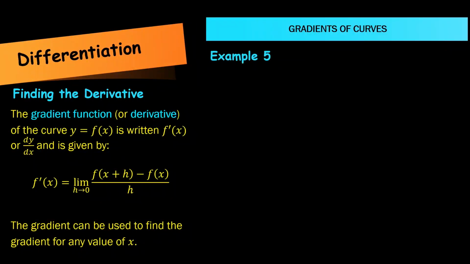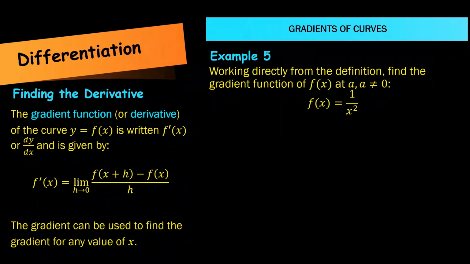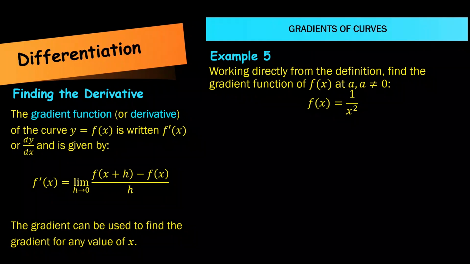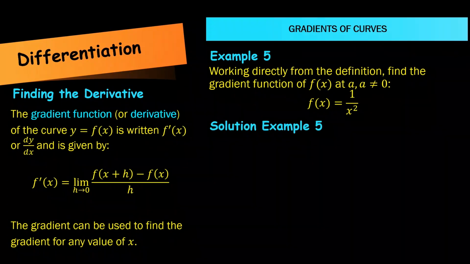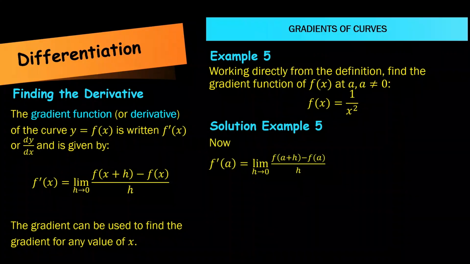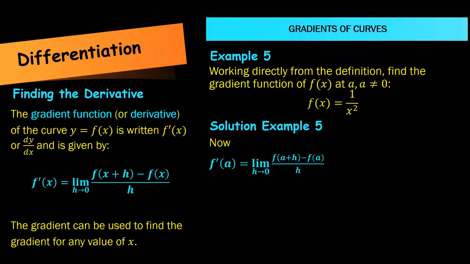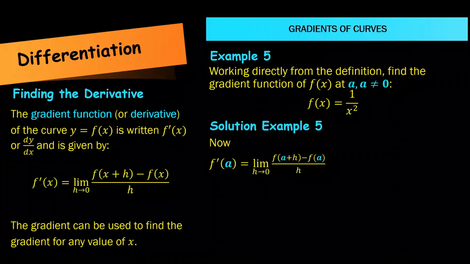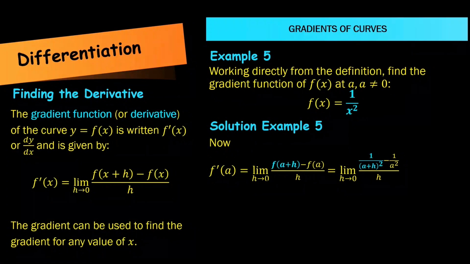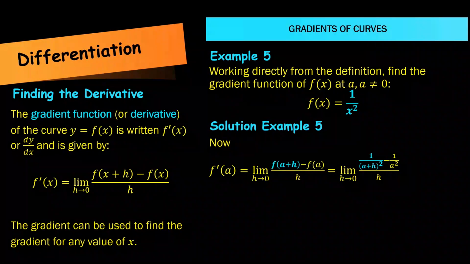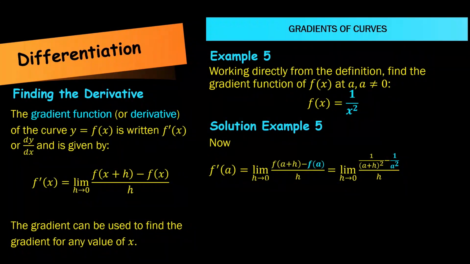Now let's take a look at another example. Working directly from the definition, find the gradient function of f of x at a, for a not equal to 0. Here, f of x is equal to 1 over x squared. So let's solve this. Applying our formula here gives us 1 over a plus h all squared minus 1 over a squared, all over h.